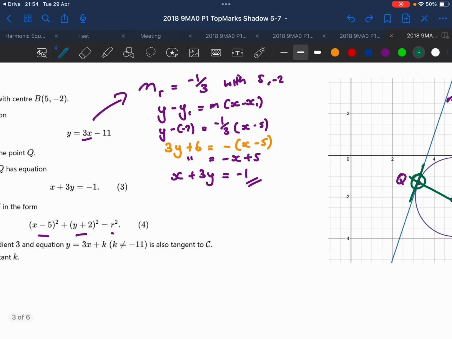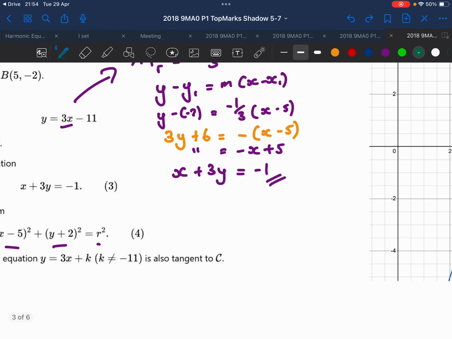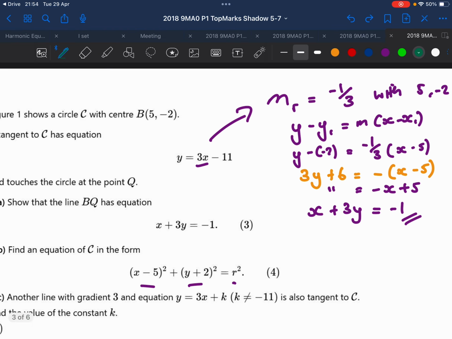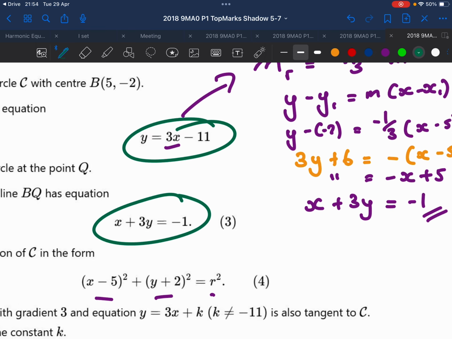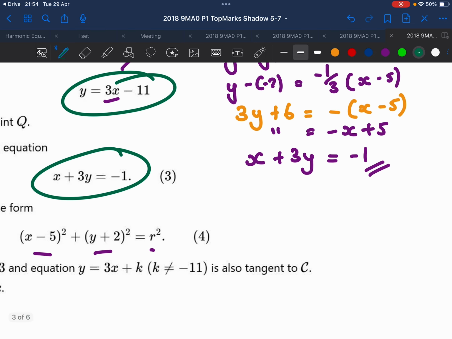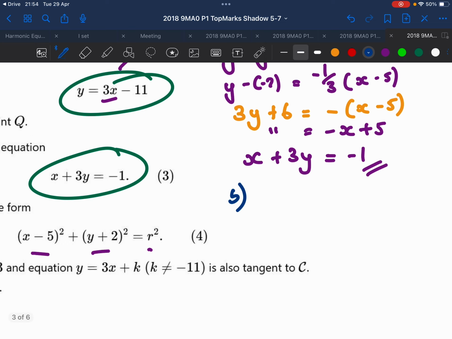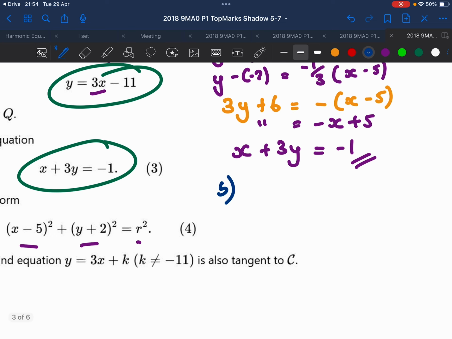So we've got x plus 3y equals minus 1. We've actually got these equations already to solve with one another. So for part B, let's jump into that. x plus 3y equals minus 1, and y is now 3x minus 11.